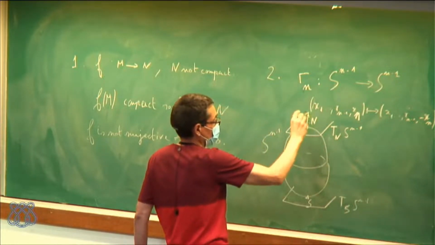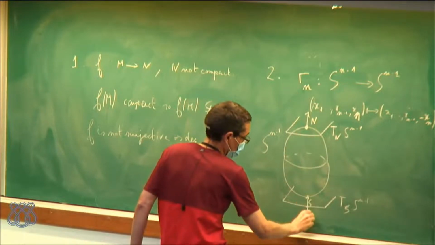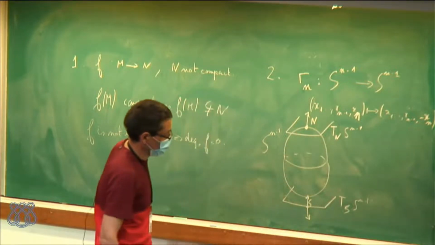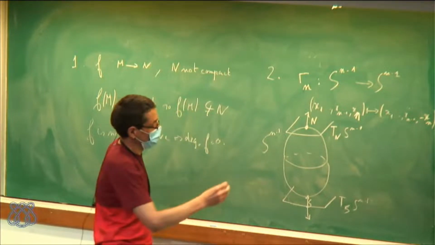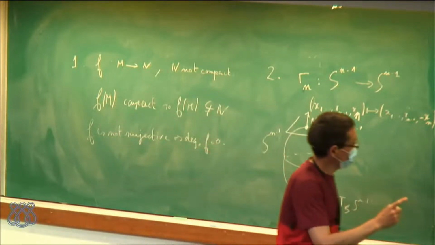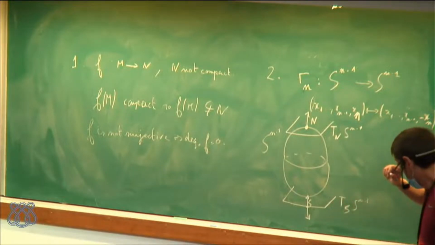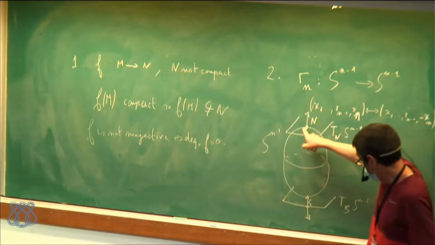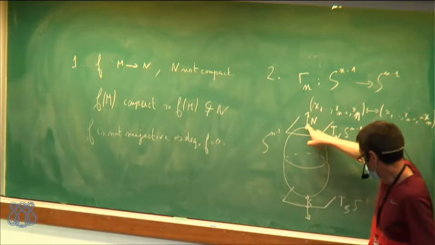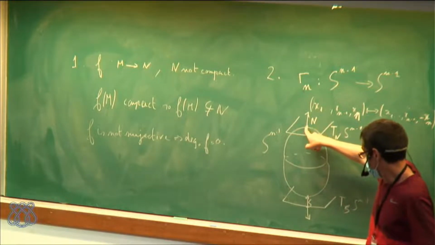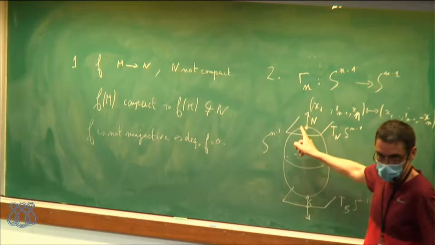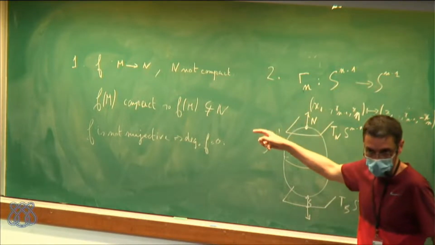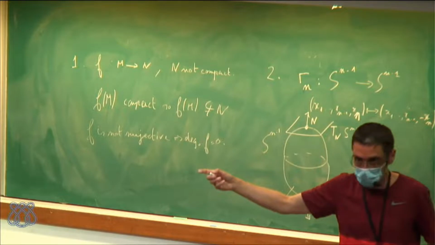Here is the outward pointing unit normal vector. A basis in the space here is direct if, when I add the last vector, the normal vector e_n, it gives a direct basis of R^n.